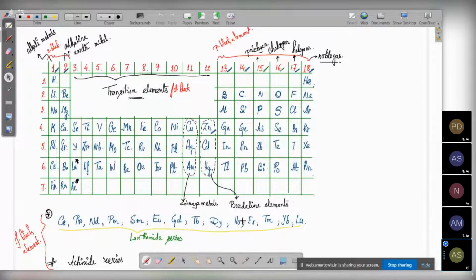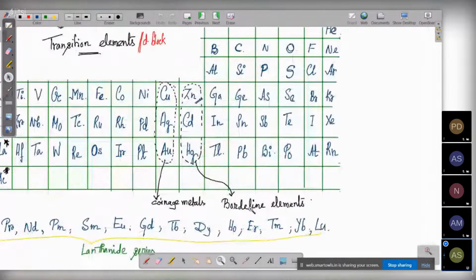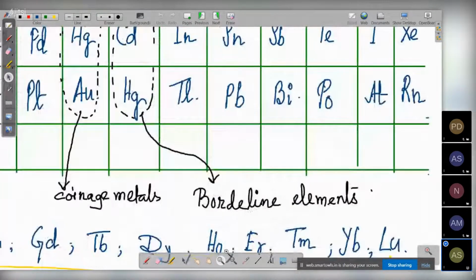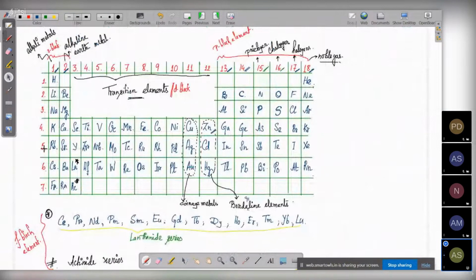That means they are somewhere in between. Hence, group 12, that is zinc, cadmium and mercury, are called the borderline elements.